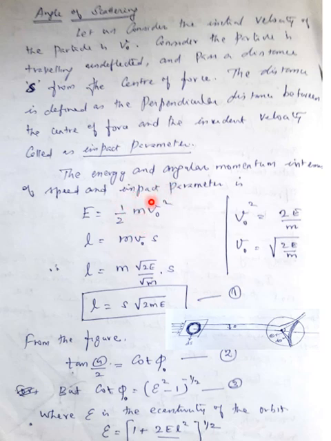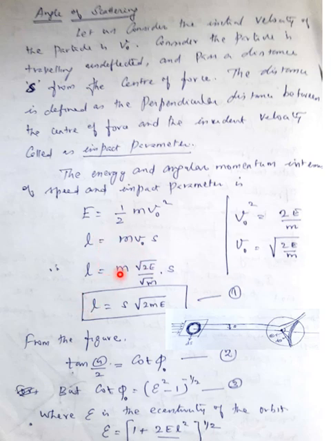These equations, the epsilon value and the cot pi naught value, are all taken from Kepler's laws of motion, but it is not in your syllabus, so I have taken only the formula here. You just take this formula and write the equation. Epsilon is equal to 1 plus 2E L square divided by m k square, whole power half. The shape of the orbit depends only upon the eccentricity.